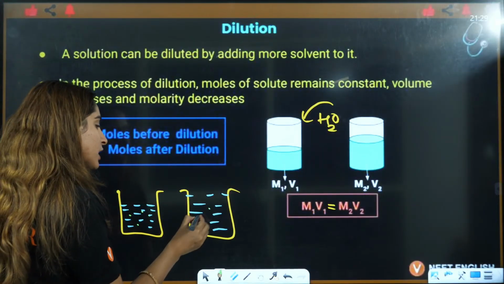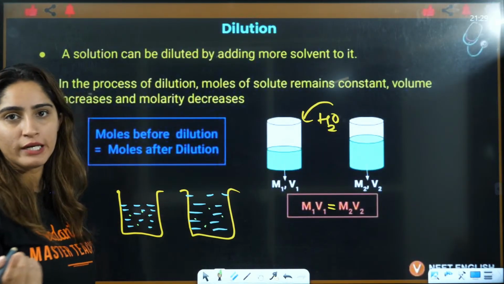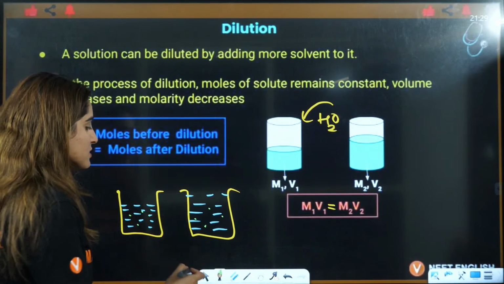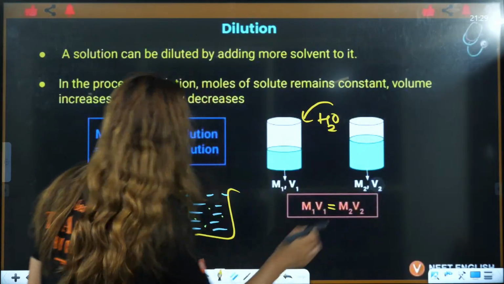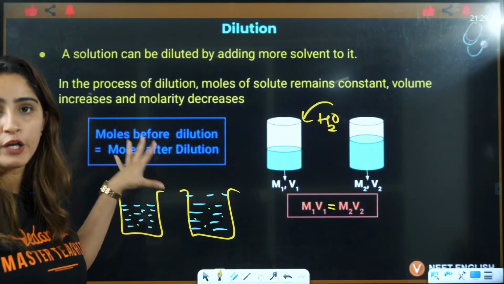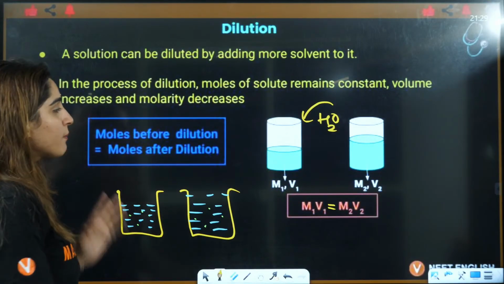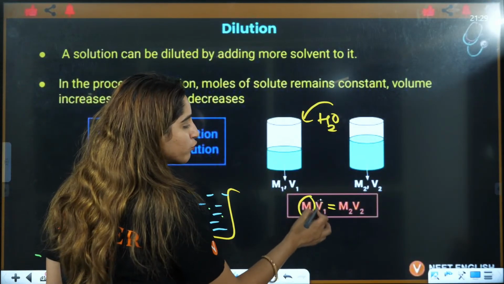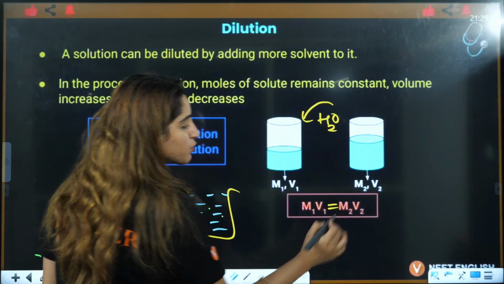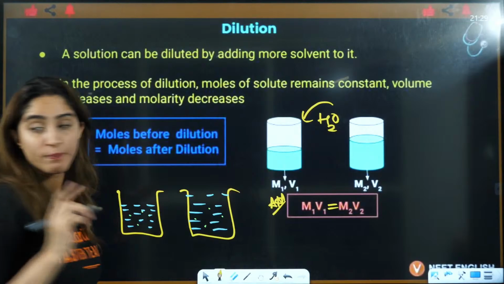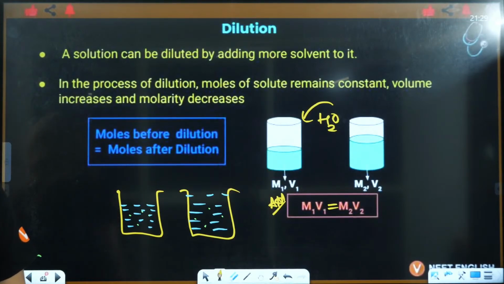So the particles of the solute will be the same only. That is the reason we are saying that number of moles before the dilution is equal to after the dilution. Right? So number of moles is what? Molarity into volume. That's why M1 V1 equals M2 V2. This is a very, very important formula in your practical chemistry as well.